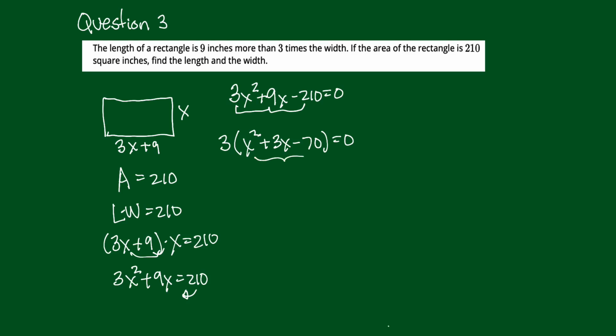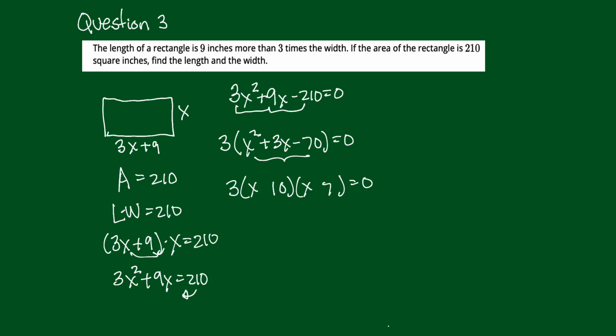Let's factor this. So we'll get 3 times, don't forget to equal 0. How about x and x? Now 70, what pops into my head right now is just 7 and 10. 7 and 10, I can get 70, but I can get a 3 if I subtract. So if you didn't see it, you'll just have to experiment around with that 70. But I'm going to use 10 and 7.